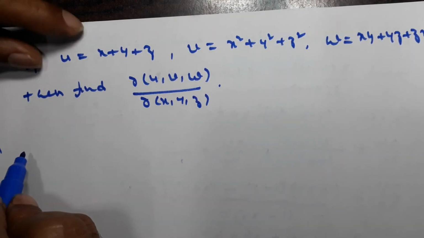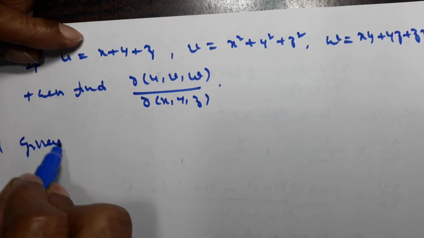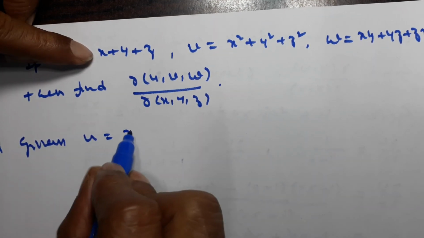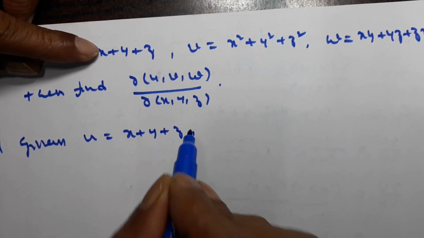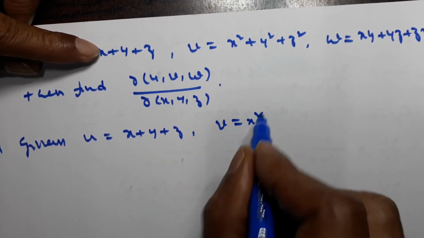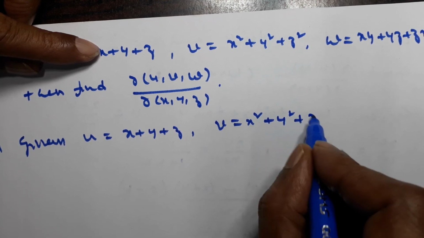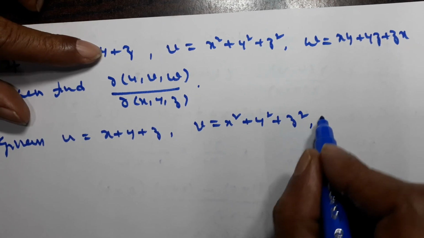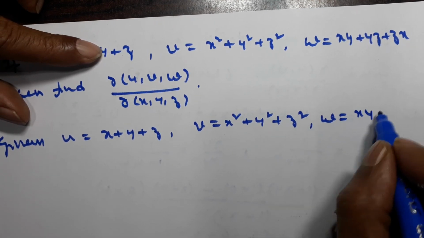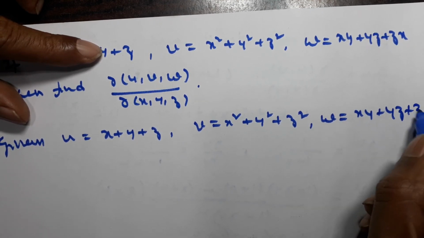So first of all, given u is equal to x + y + z, v is equal to x² + y² + z², w is equal to xy + yz + zx.